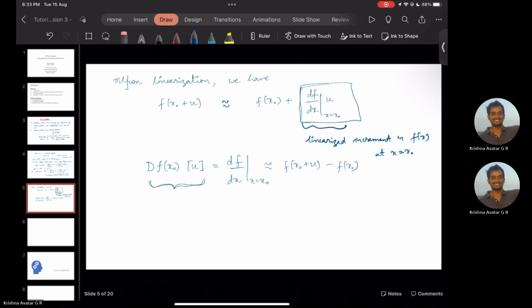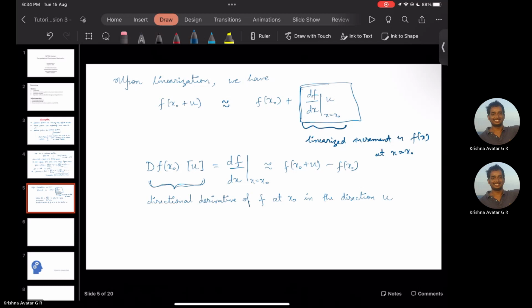So we read this as directional derivative of f at x naught in the direction u. Now you'll ask me, okay, but the thing is u is a scalar. What do you mean by direction here?